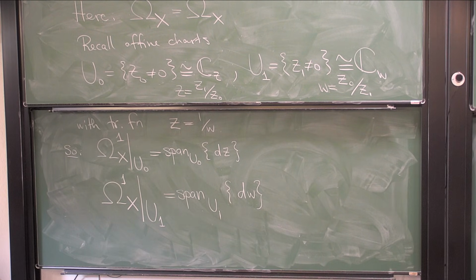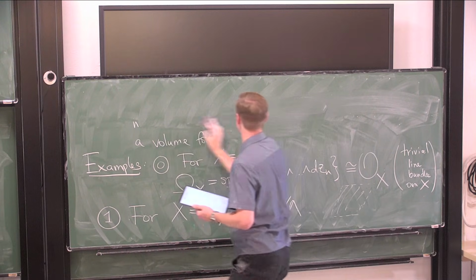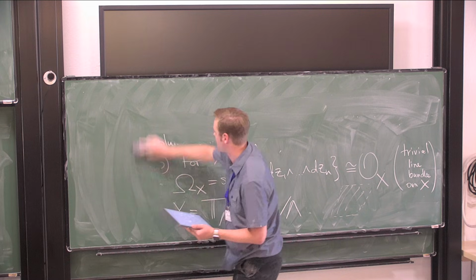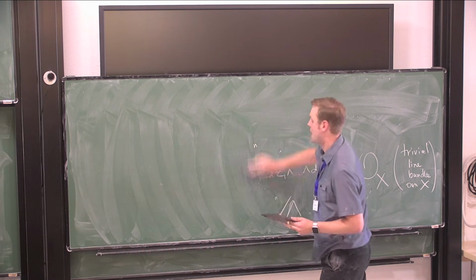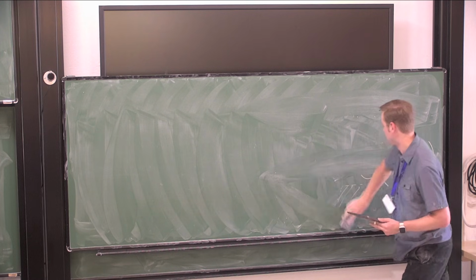Okay, so how do these two things relate to one another? At this point I'm simultaneously trying to show you what's happening over P1 and teaching you how to work with vector bundles.